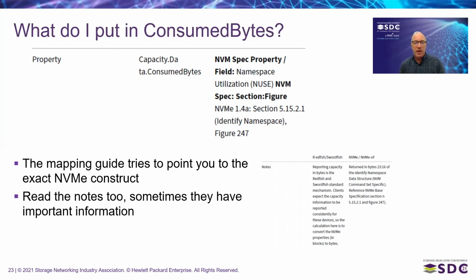capacity.data.consumedBytes, and over on the right hand side it says that the matching NVMe spec property and field is called the namespace utilization, or NUSE, often called the NUSE field in the NVMe specification. The NVMe specification section and figure is NVMe 1.4a, section 5.15.2.1, identify namespace figure 247.